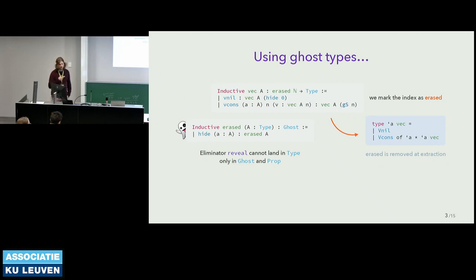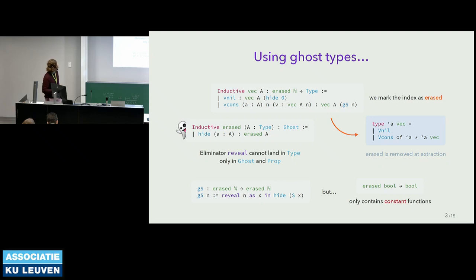And then I have some restrictions, similar to what Jocelyn was saying. Essentially, I have an eliminator that I call reveal, and I cannot go into type. I can only inhabit ghost or propositions. Here, indeed, I have to use hide 0, and for the successor, I need to use the reveal operation, but that allows me to open up my erased natural number to produce another erased natural number, and that's allowed.